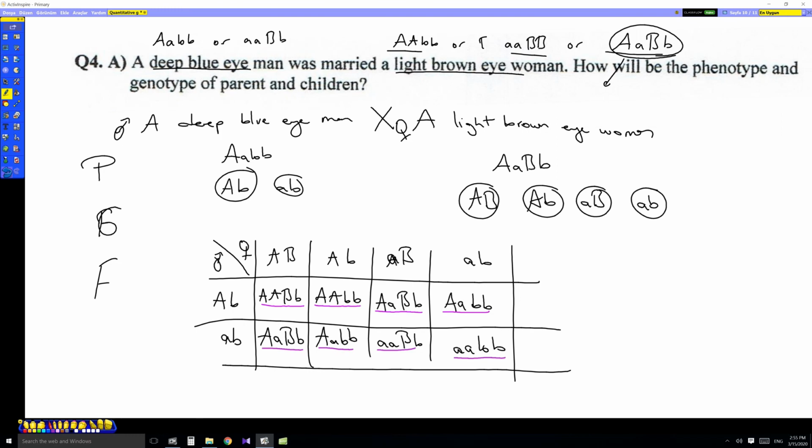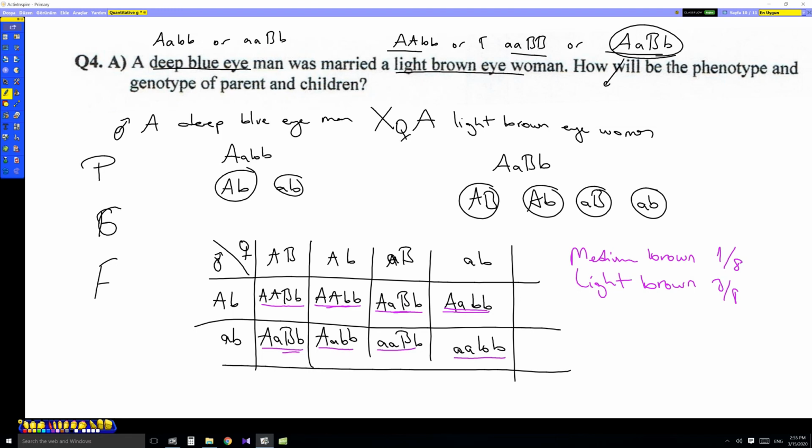We can write their phenotypes. Medium brown: how many of them are medium brown? Just one, from how many organisms? 8. For light brown, 1, 2, and 3, light brown 3/8.